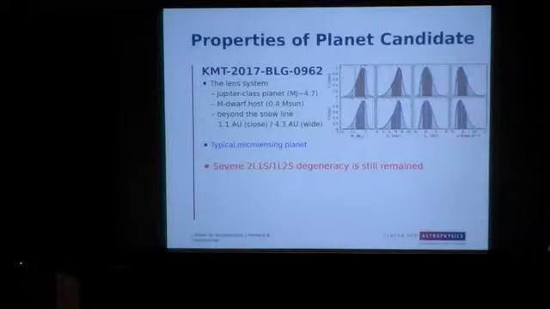I also tried to determine the properties of the planetary candidate. I found this system may be caused by a Jupiter-class planet and an M-dwarf host. This is quite a typical microlensing planet.